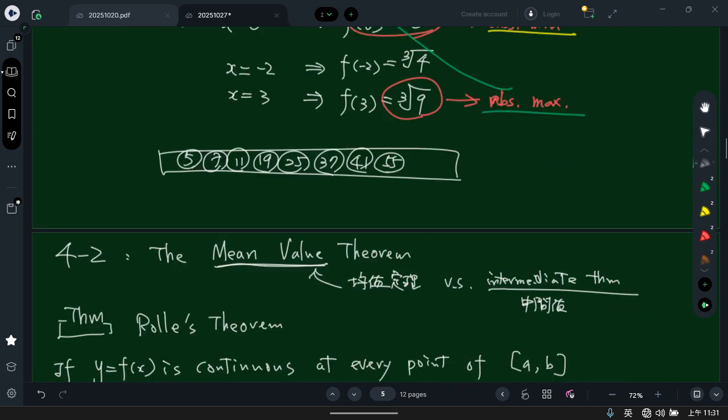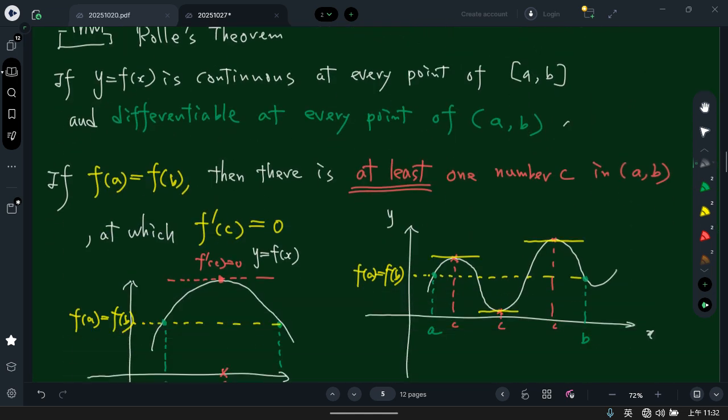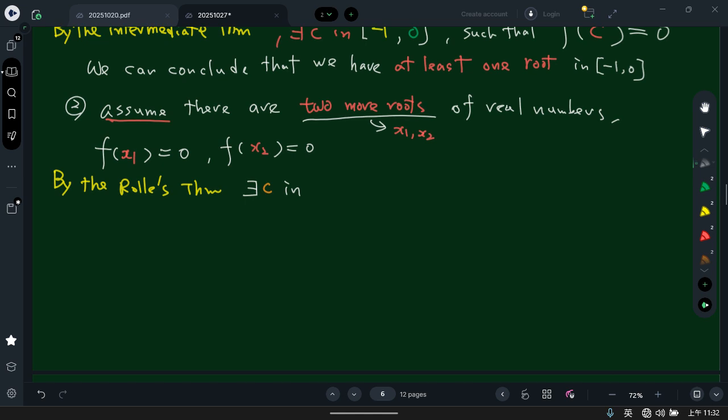Rolle's just says that we can find one point between A and B, in this case between S1 and S2, such that f prime of C should be 0.